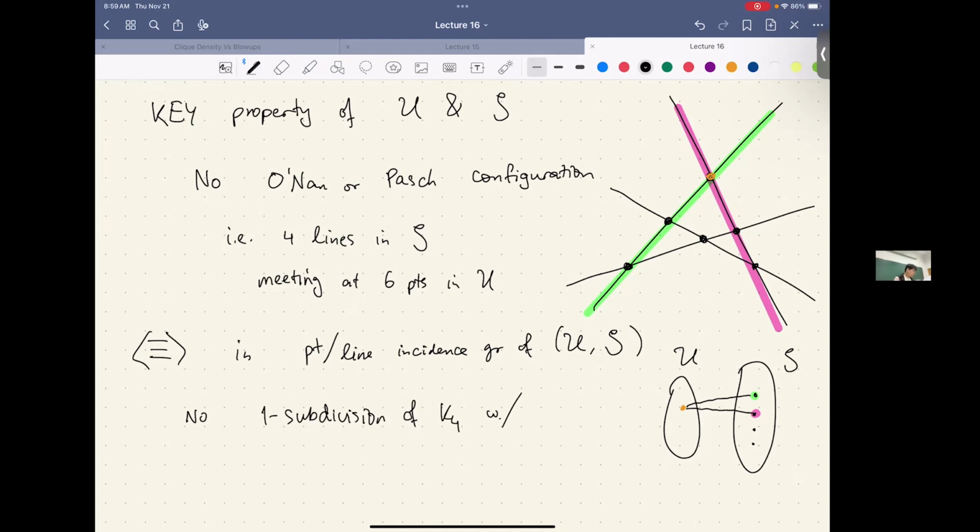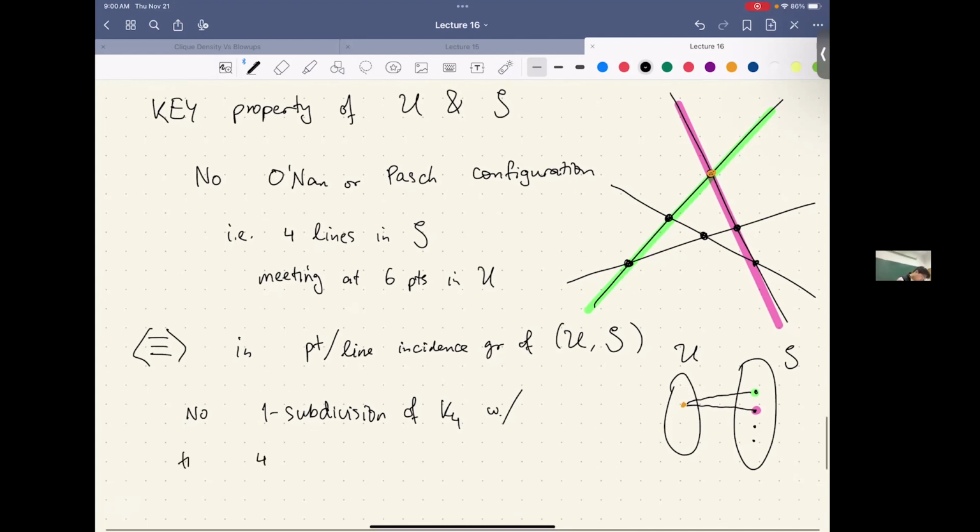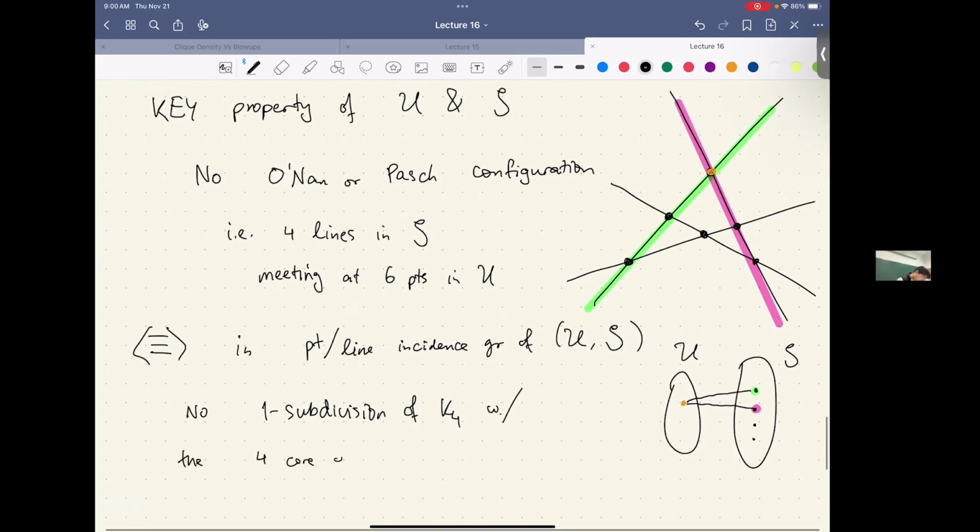I vaguely remember you don't have. What about a K4 subdivision with 4 vertices on the left? Okay, I'll leave it for you to check. So here we know that there's no 1-subdivision of K4 with the 4 core vertices lying in S.